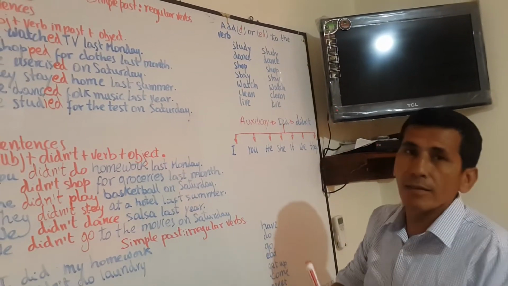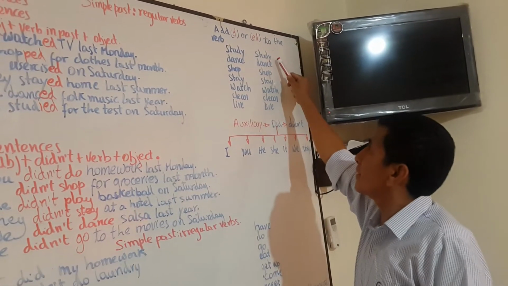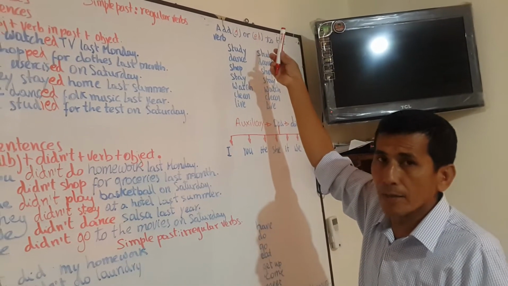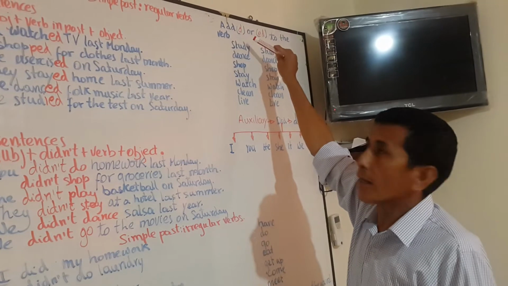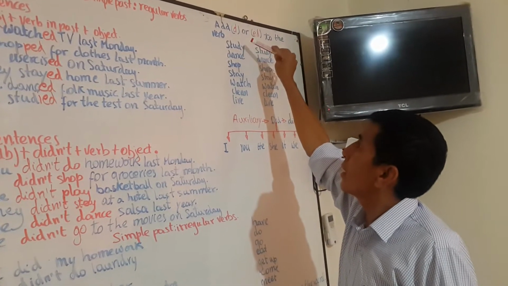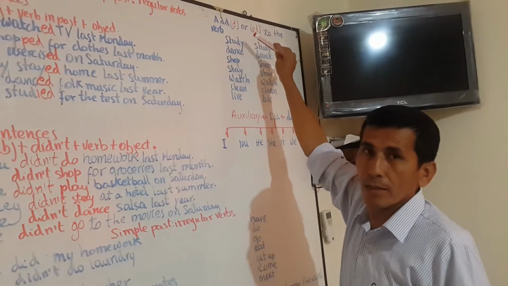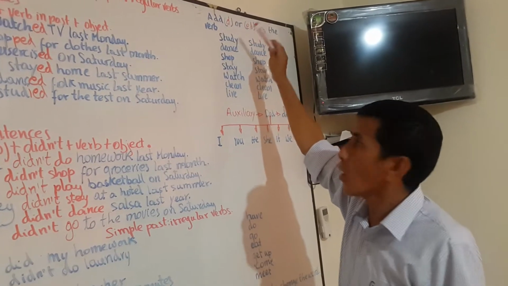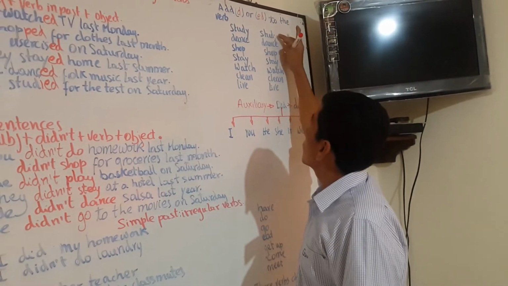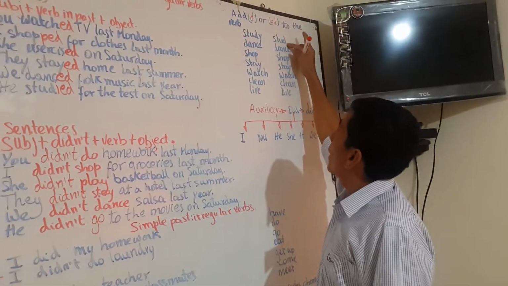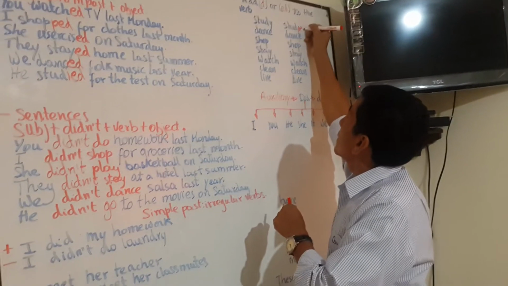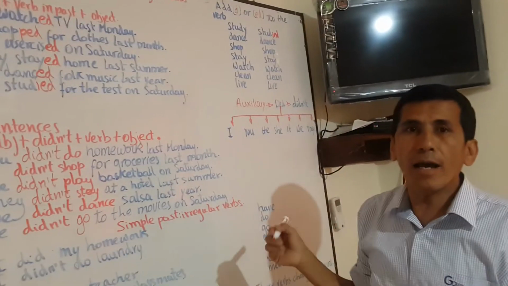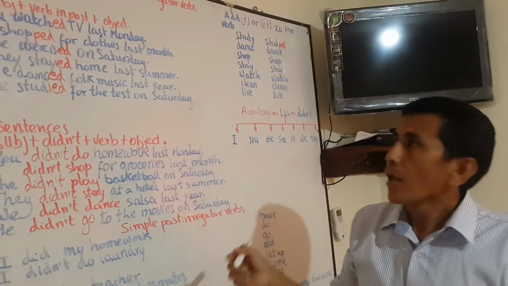The past of study is studied, but how are we going to do the past? Simply. The verb study has a consonant plus y. In that case, you change y for i, so I'm going to erase y, plus i plus ed. So I added i, ed.